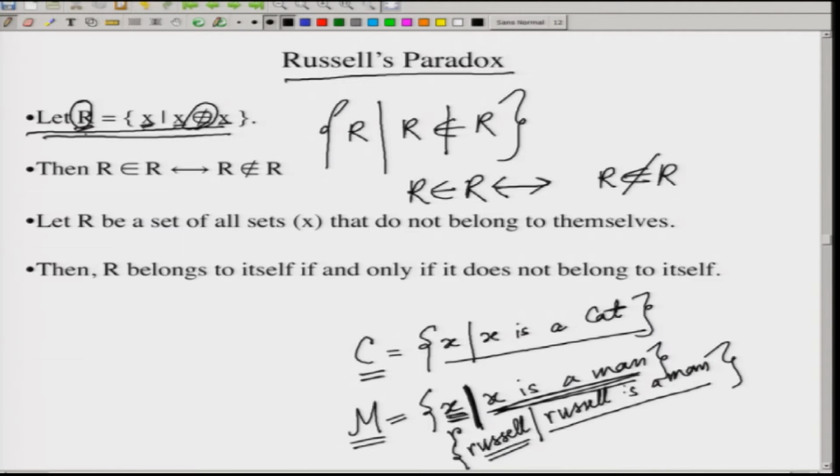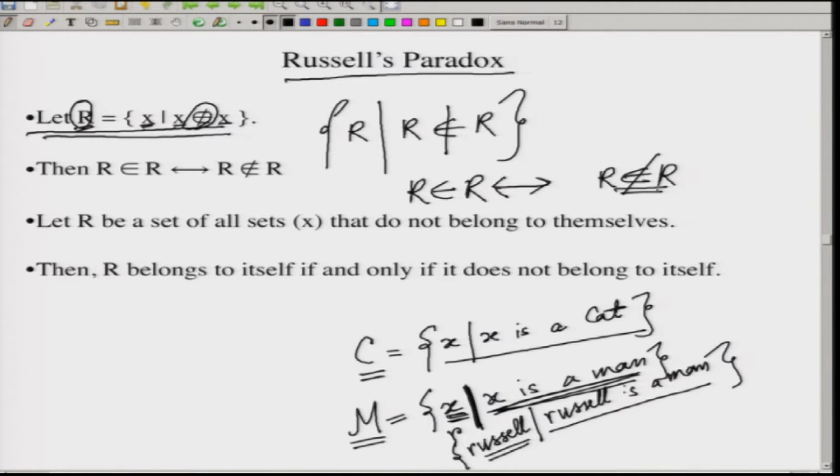Now, is R a member of R? Suppose R is a member of R. Then R does not belong to itself. Is R not a member of R? In that case, if R is not a member of R, then R belongs to itself.